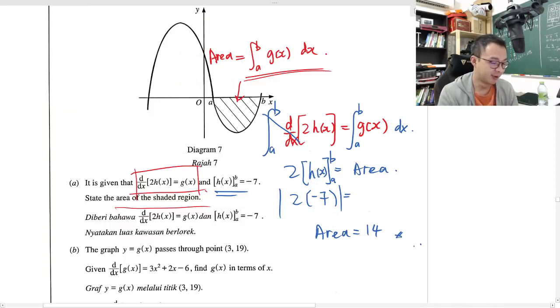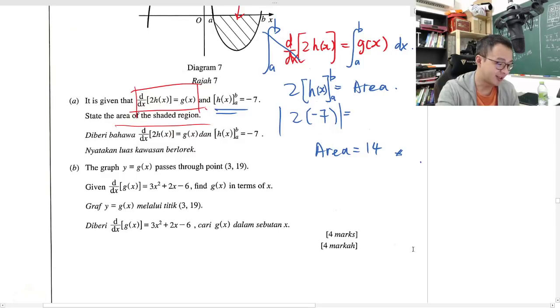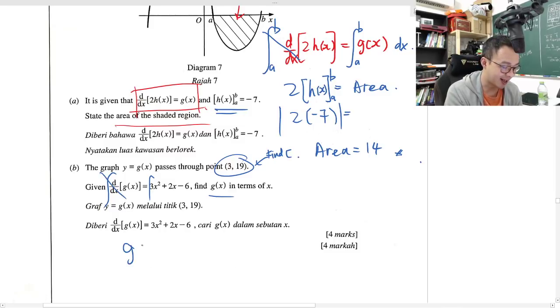The next one asks you to find g(x). Same thing, I add the integration sign for both sides, and the given coordinate is normally for you to find the c value. When I integrate, d/dx simplifies and leaves g(x), and here I integrate: 3x cubed divided by 3 is x cubed, and 2x squared divided by 2 is x squared, minus 6x plus c.